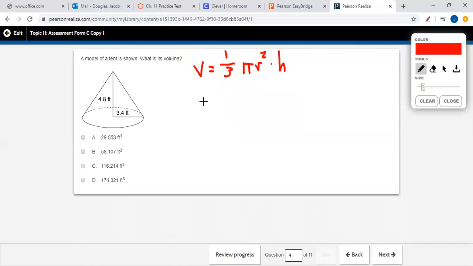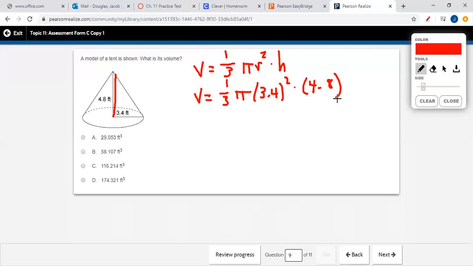Then you just plug everything in. So volume is 1/3 times pi, and what is your radius? Well, that's 3.4. So 3.4 squared times your height, which is 4.8. The rest of this, you simply plug into a calculator. So I do 1/3, multiply that by pi, times my radius squared times my height.